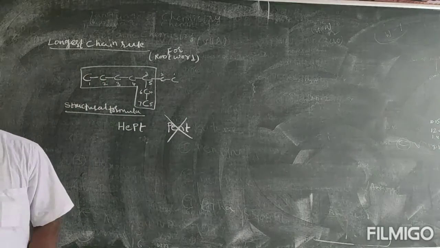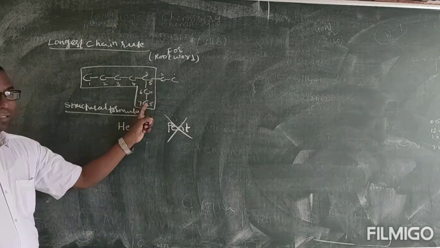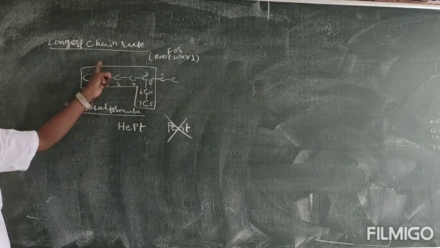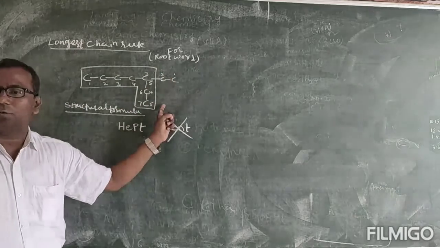Have you understood now? So first the chain has to get the highest number. So that is called the longest chain rule.